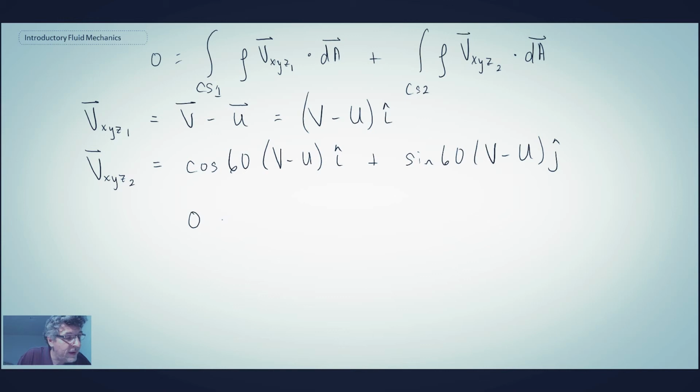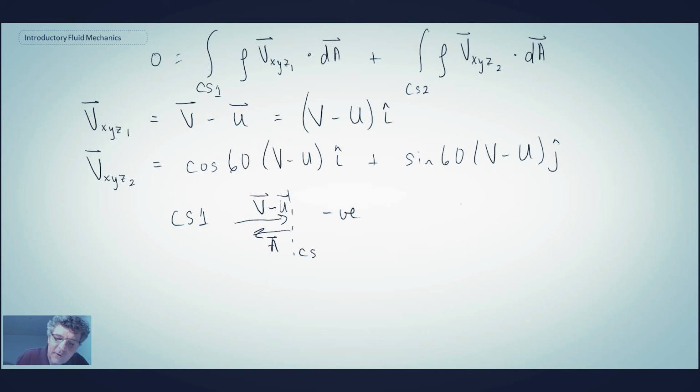Remember, we need to be careful with the sign here. For control surface 1, let me sketch this out because this is sometimes an area where students have difficulty. Let me draw the area. The area vector is always going outward from your control surface, but we have a velocity moving in this direction, actually V minus U. So this is going to be a negative.